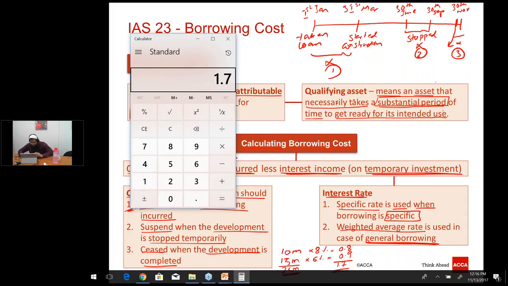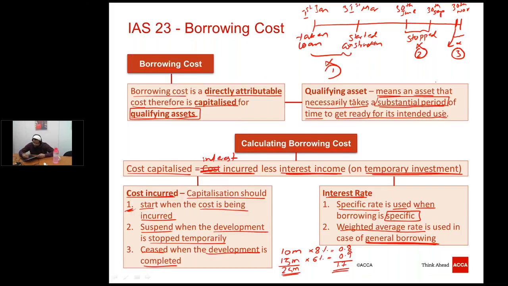So the general borrowing rate is going to be 1.7 divided by 25 into 100, which is going to be 6.8%. So 6.8% is going to be the weighted average rate that we are going to use for general borrowing. So if we have a general borrowing, we have to calculate the weighted average rate.